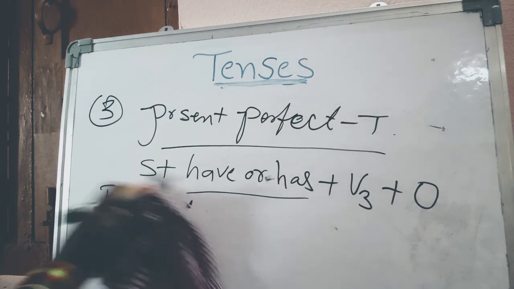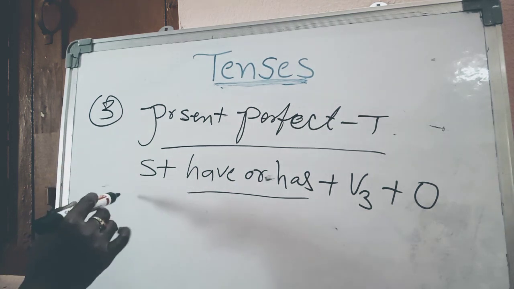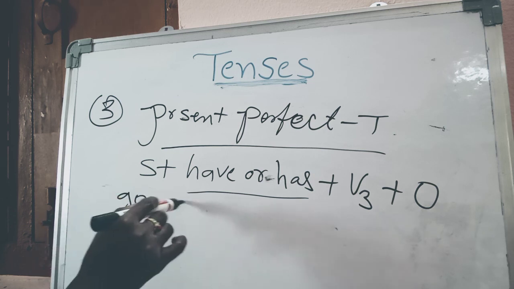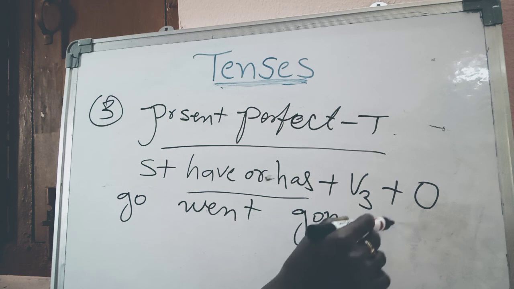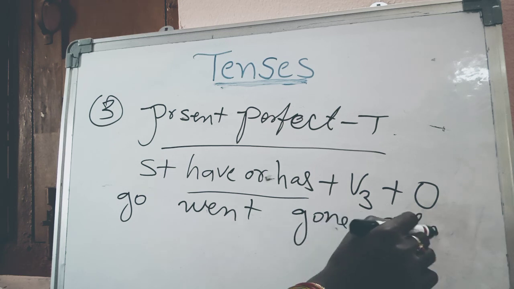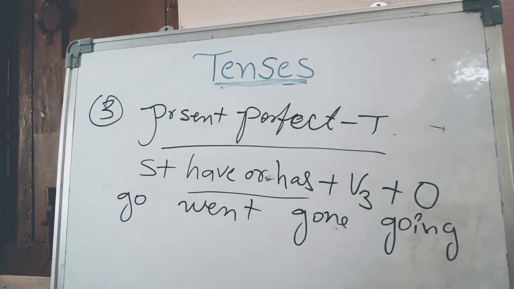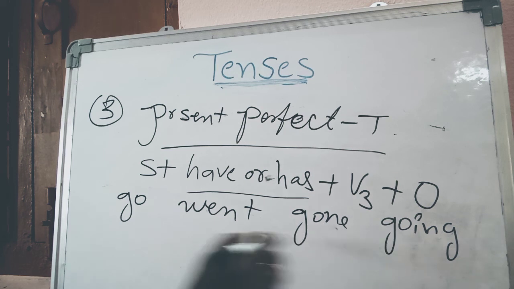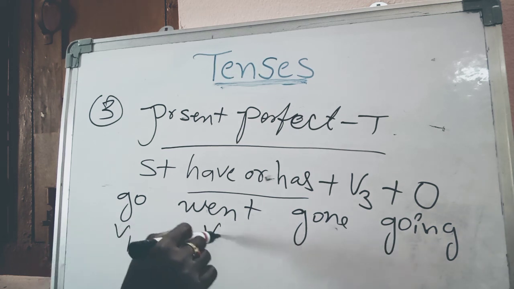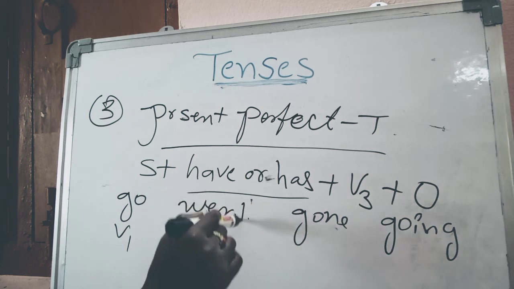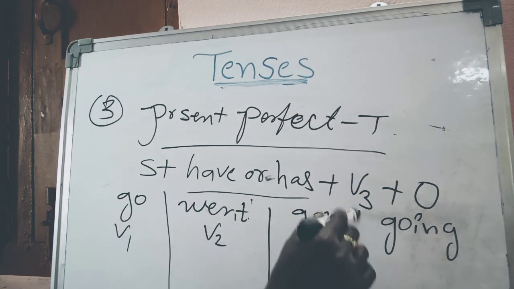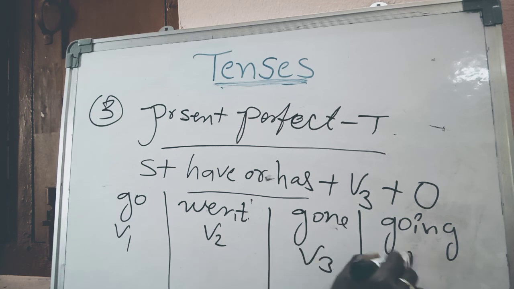See here, the formation of verbs. Go, went, gone, going. V1, V2, V3 and V4.